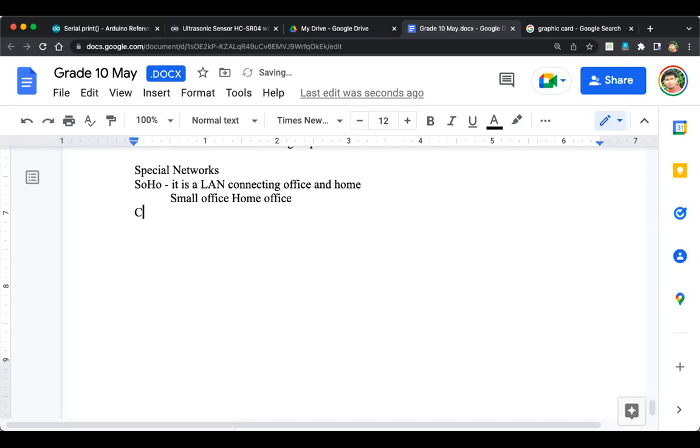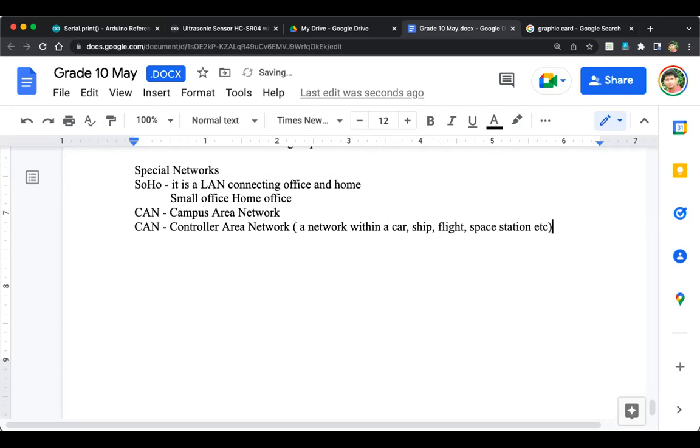And there is something called CAN, campus area network. And another CAN is there that is called controller area network. That is a network within a car, ship, or flight, space station, etc. A different unit.